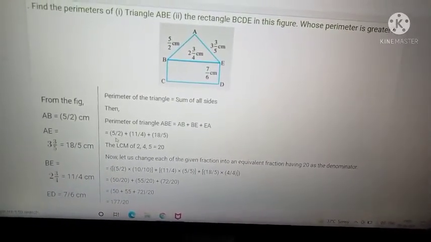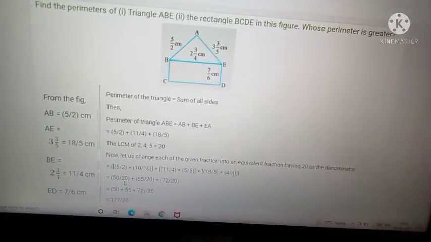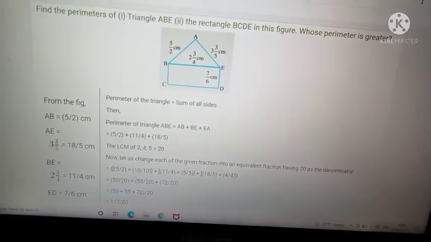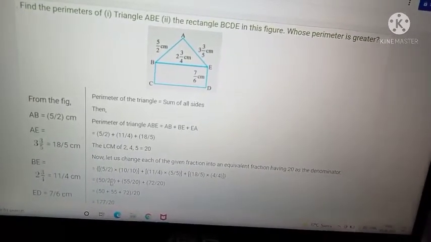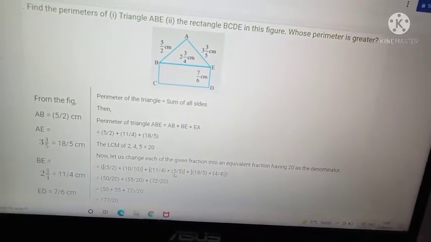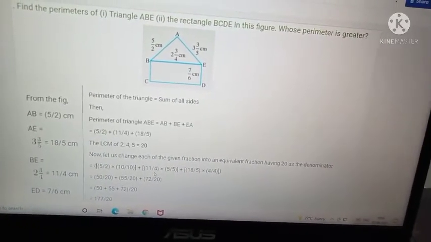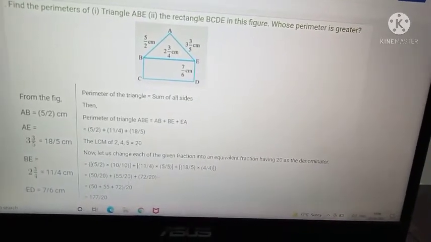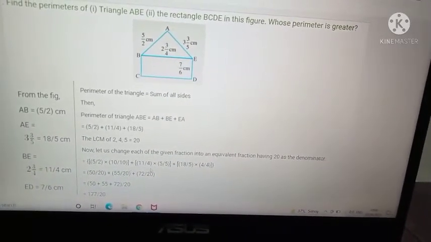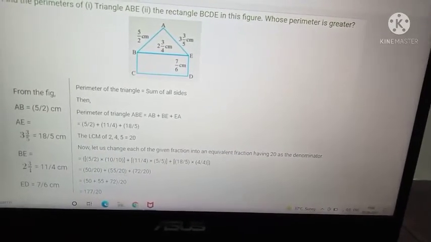With 5 by 2 we multiply by 10, then only we will get 20 as the denominator. So 5 into 10 is 50, 50 by 20. Plus, with 11 by 4 we multiply by 5. 11 into 5 is 55, 4 into 5 is 20. So we get 55 by 20.